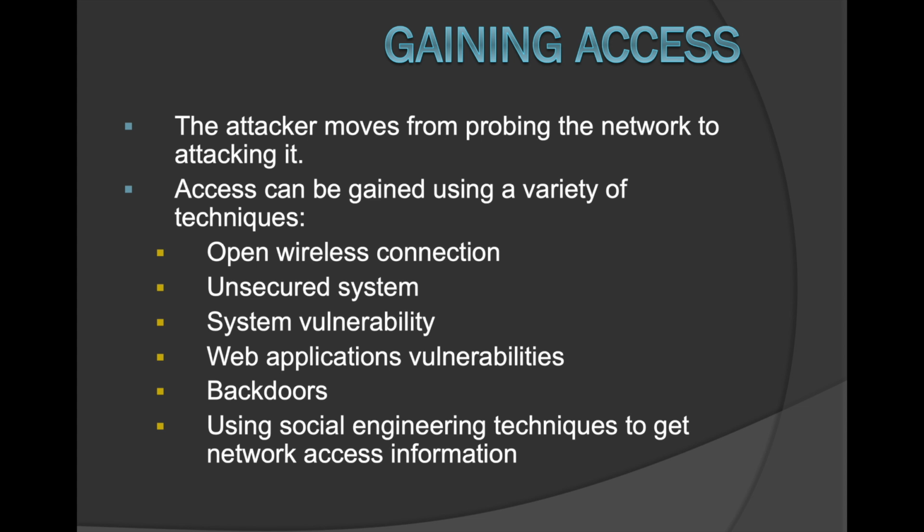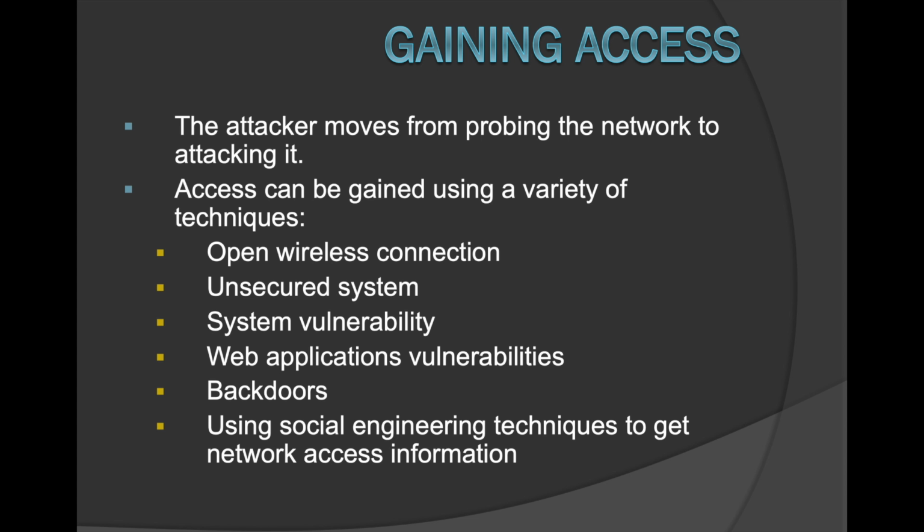At that point, you want to gain access. Your initial gaining of access can be done in a number of ways. It can be done if you're physically present, or over some kind of wireless connection, if they have Wi-Fi that you can get onto. There might be a system that's unsecured physically that you can get at, or a system that has some kind of vulnerability, such as a web server or web application exposed on the internet.